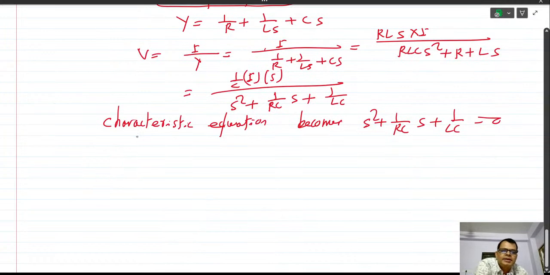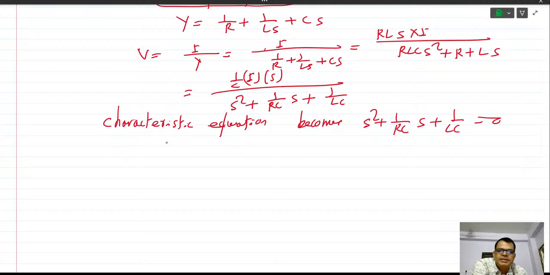And so the discriminant is b square minus 4ac. This is the ax square plus bs plus c. So discriminant D is equal to b square minus 4ac, that is 1 upon RC whole square minus 4 upon LC.